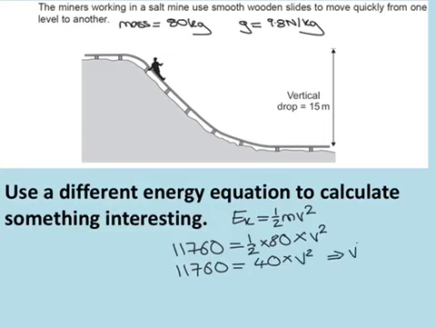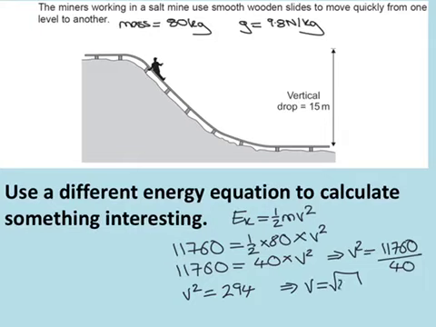Therefore, v squared equals 11,760 divided by 40, which gives v squared equals 294. So v is equal to the square root of 294, which is 17.1 meters per second, rounding to a sensible 3 significant figures.